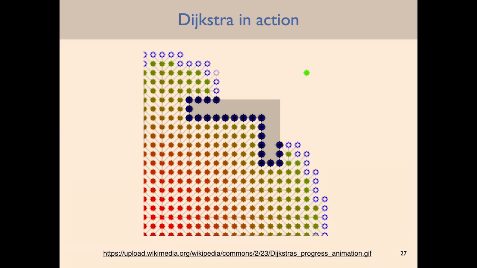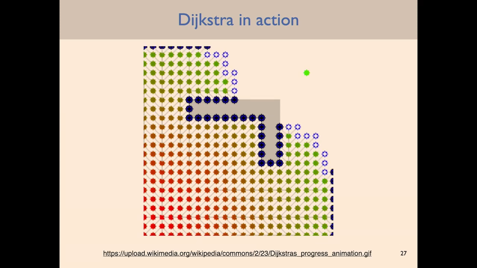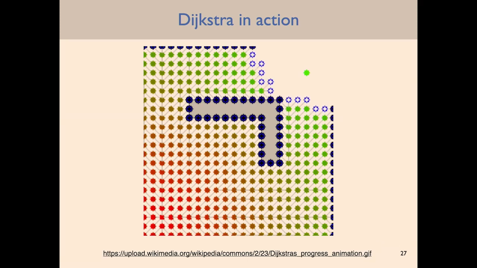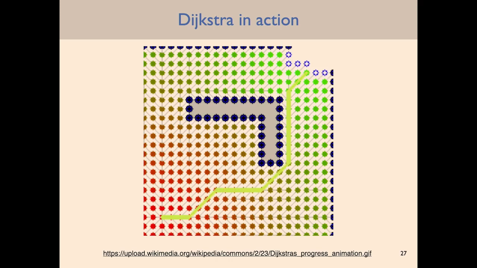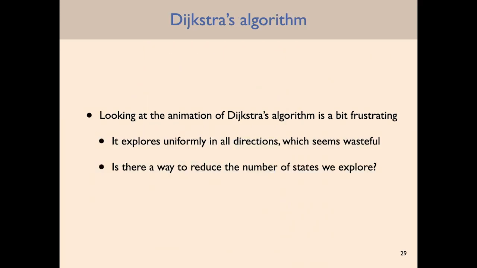Which seems a bit wasteful, right? We know that the goal is there, so just get there, right? That's what you want to tell the algorithm. But somehow Dijkstra's algorithm is not doing that exploration in a clever enough way. Yeah, looking at this animation, it's kind of frustrating.